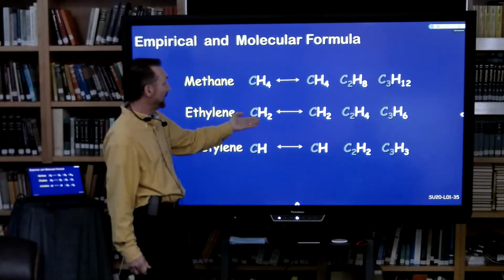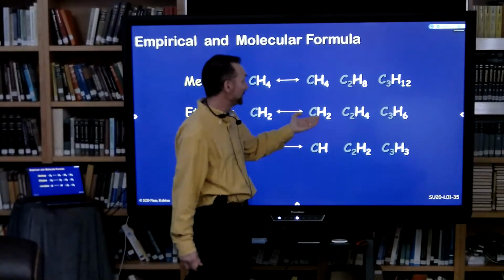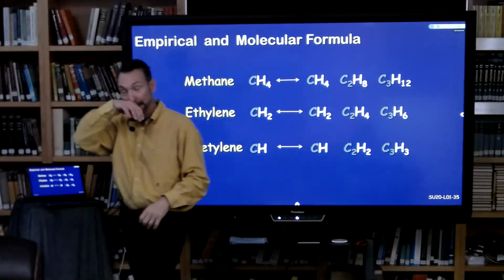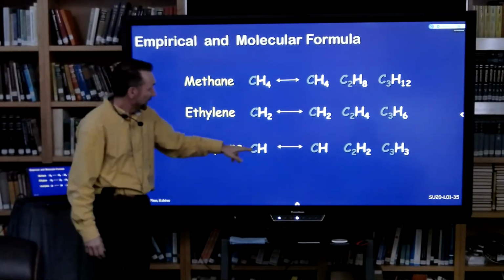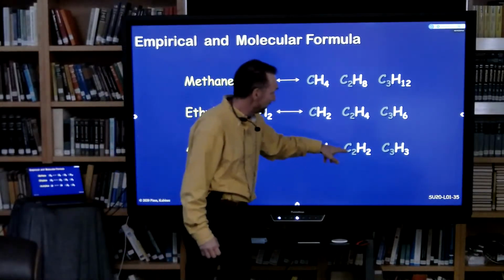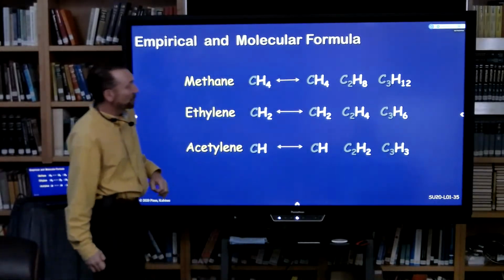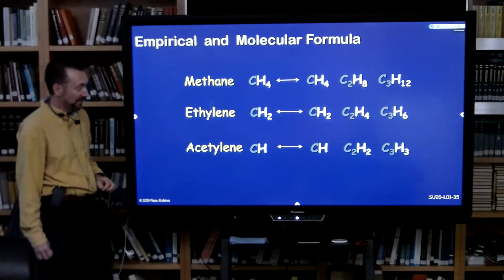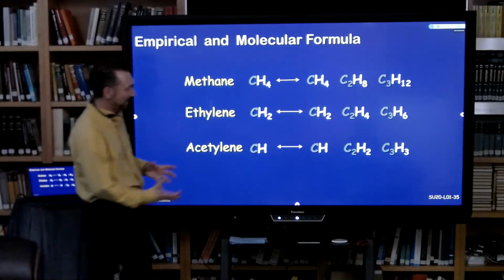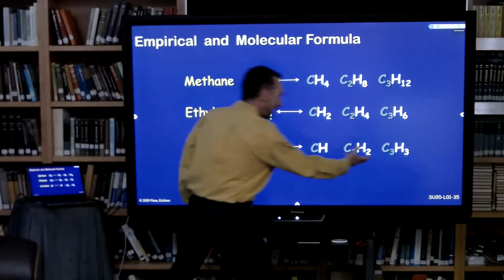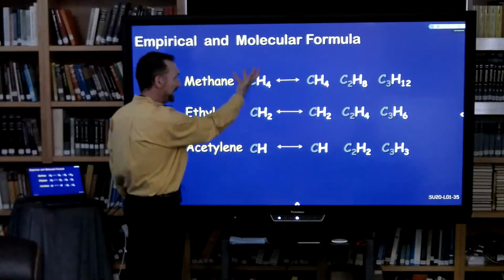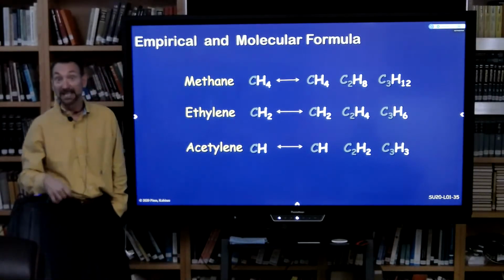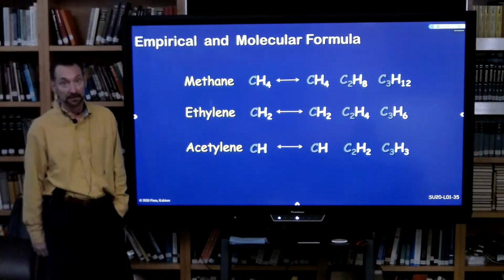If it's ethylene, it also could have been CH2, C2H4, or C3H6. And acetylene gives you CH, C2H2, and C3H3, 1 to 1 ratios of carbon to hydrogen particles. Each of these compounds has a ratio of particles that looks like this, and the mass spectrum only gave you the ratio of particles.